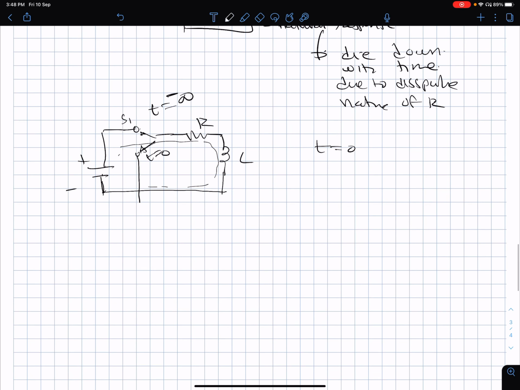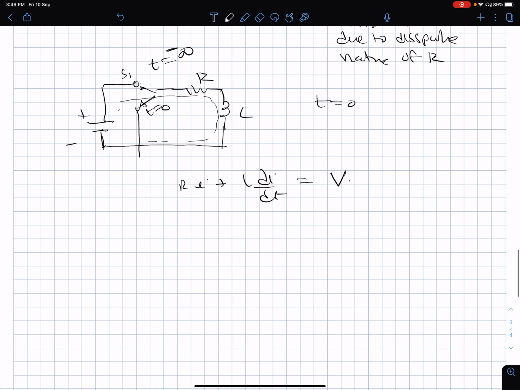So let's look at this circuit initially, from minus infinity to t equal to 0, the source is V in.